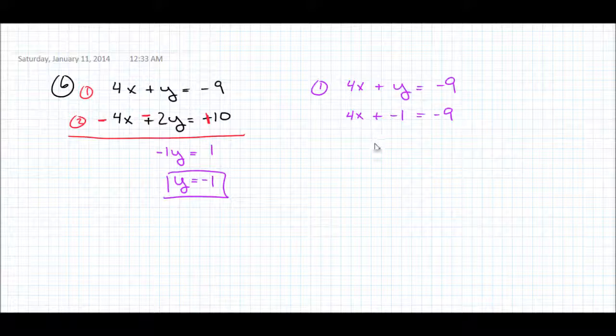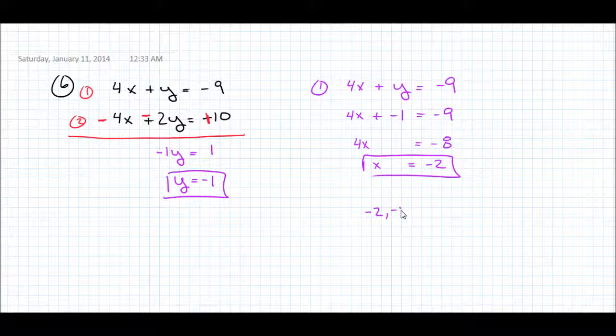Add 1 to each side, so 4x would equal negative 8. Divide each side by 4, so x is equal to negative 2. So the solution set x comma y for this one would be negative 2 comma negative 1.